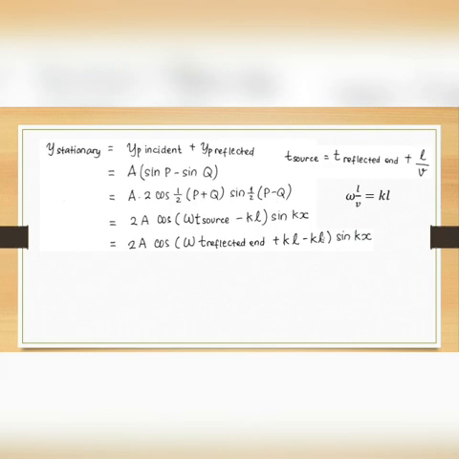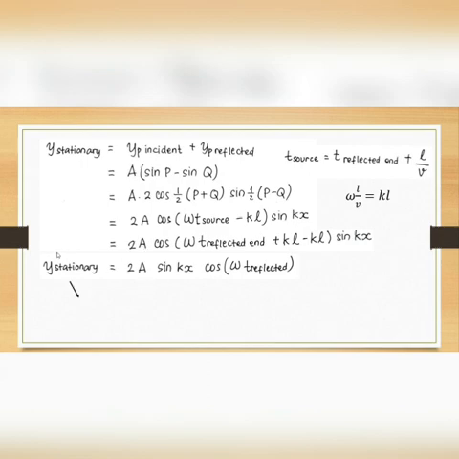And we have negative KL there, multiplied by the sine of KX. So our equation for a stationary wave with a fixed end is 2A times the sine of KX times the cosine of omega times T from the reflected end.